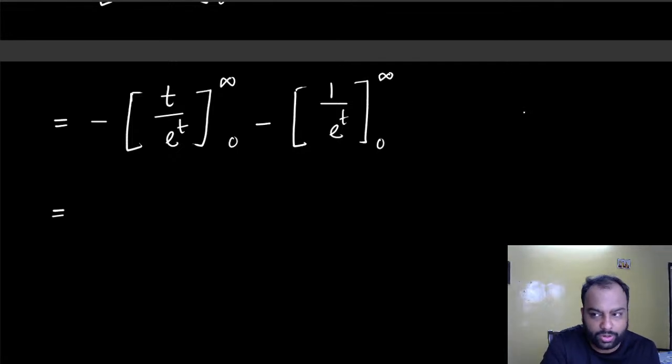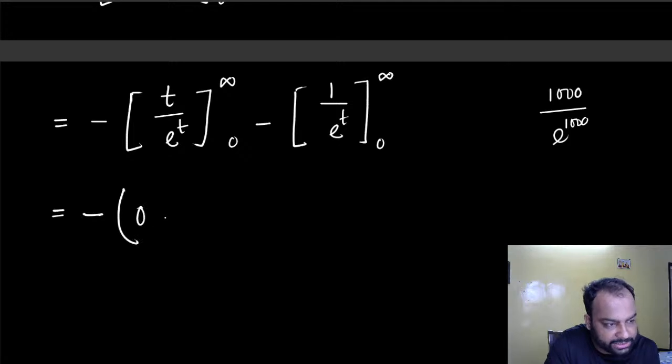Which one is larger? Of course e to the power 100 is way larger than 100. 1000 is large, but what about e to the power 1000? That's even larger. So essentially, as t goes to infinity, t by e to the power t approaches 0.